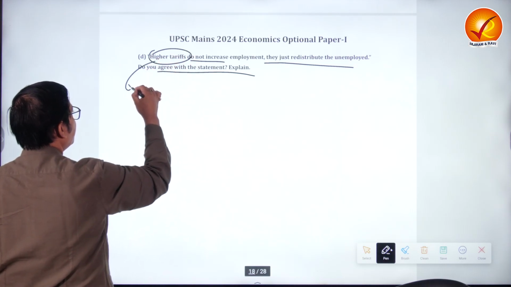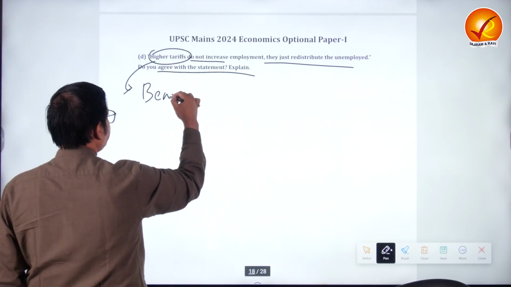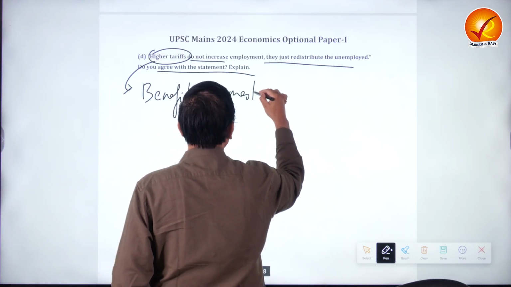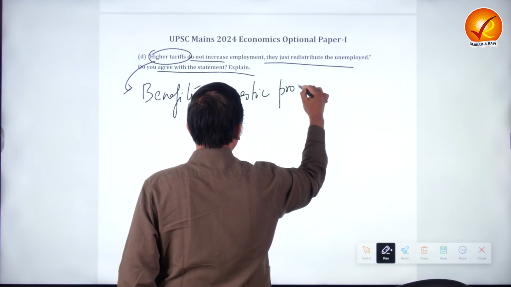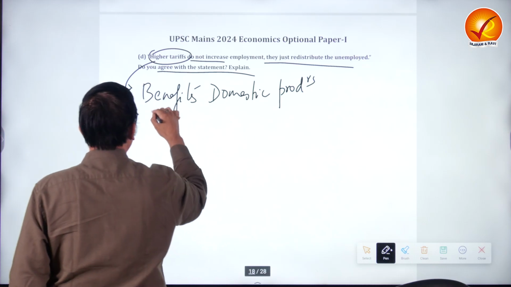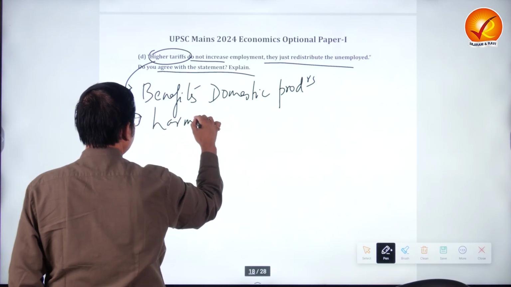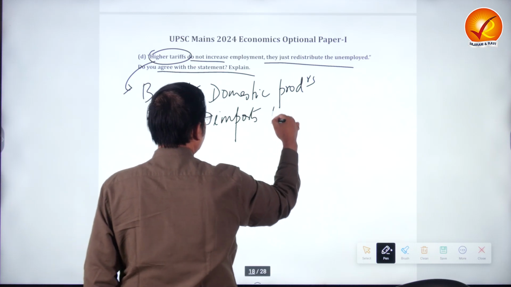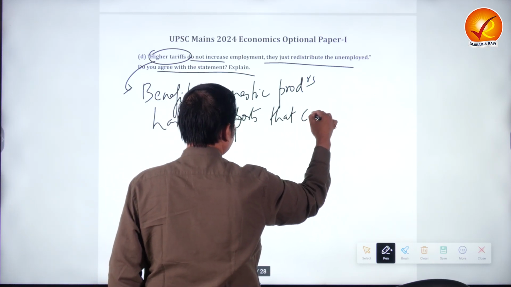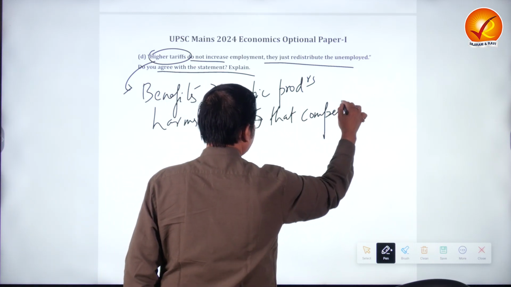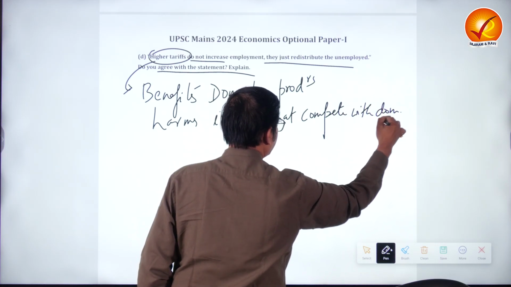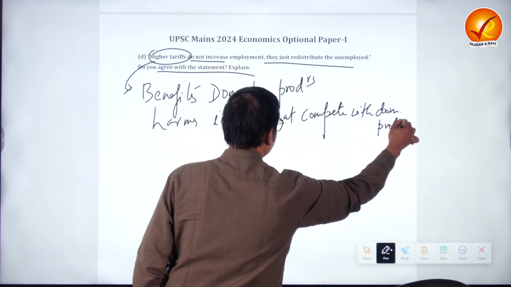Higher tariffs benefit the domestic producers and harm the imports that compete with domestic production. You can take any sector and take that example.